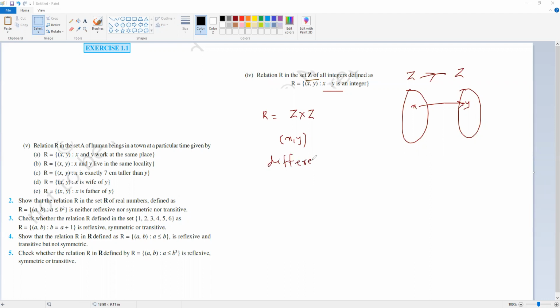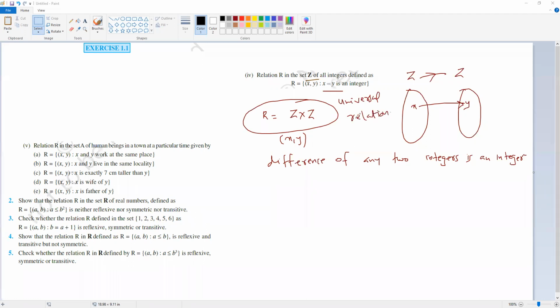Difference of any two integers is an integer, correct? So your relation is the whole Z cross Z, which means this is your universal relation, correct?